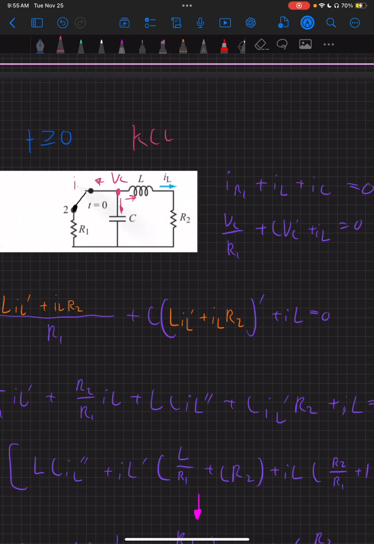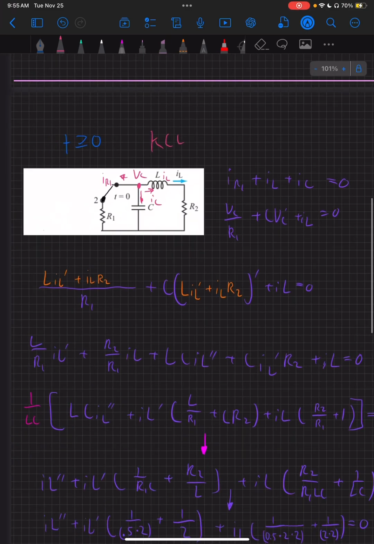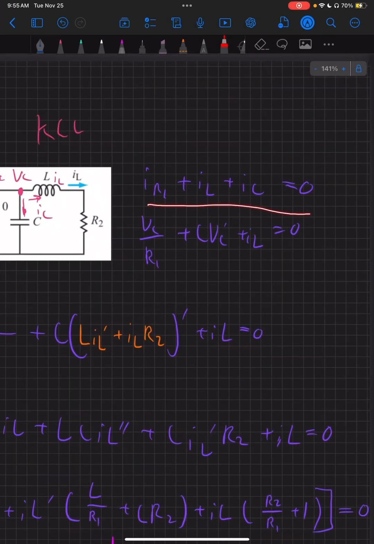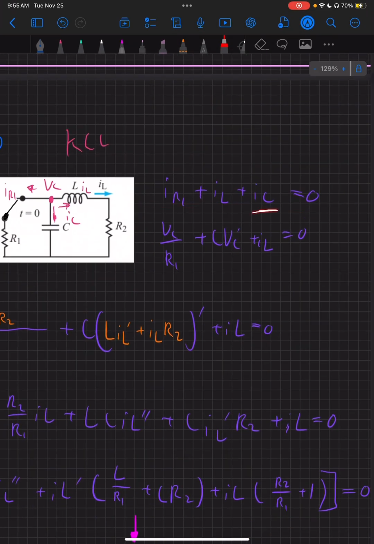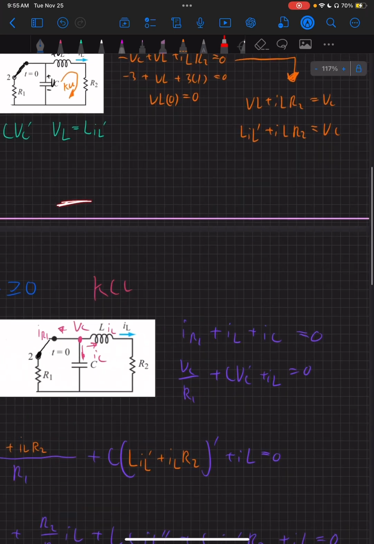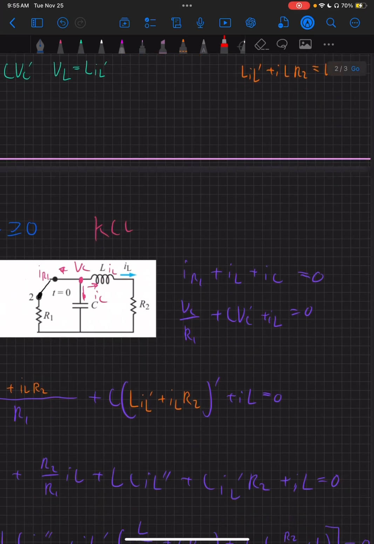This current is going to be IR1, this current should be IL, and this current is IC. This is the KCL right here, and IC becomes this due to this equation, and IR1 becomes this equation due to Ohm's law.